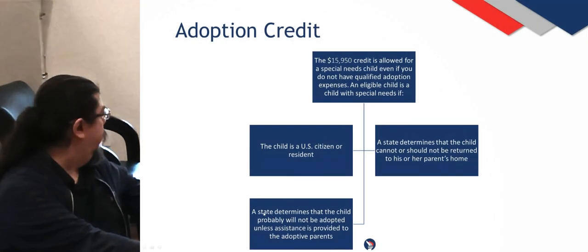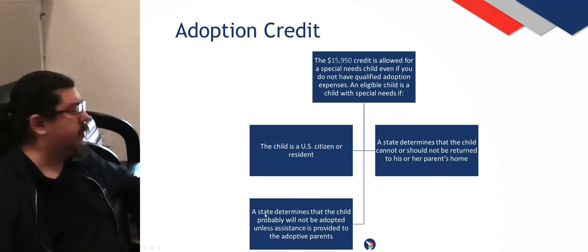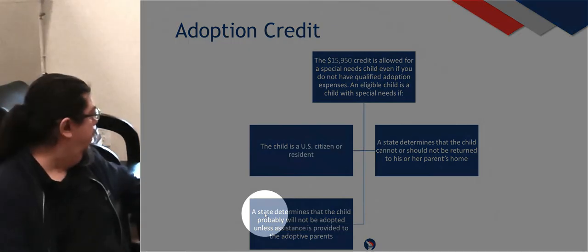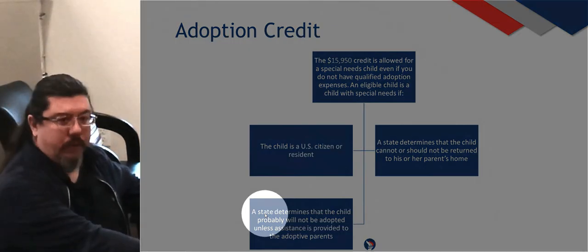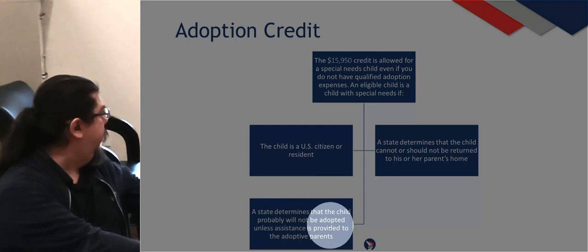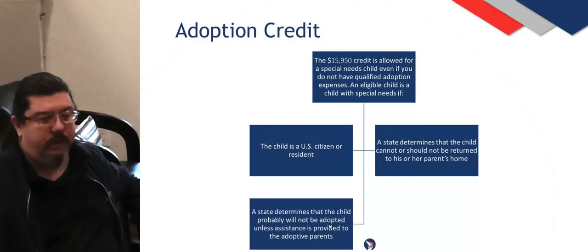And a state, or includes political subdivisions of, so it could be a city or municipality, or a judge or a state agency, but a state has determined that the child probably would not be adopted without assistance being provided to the adoptive parents.